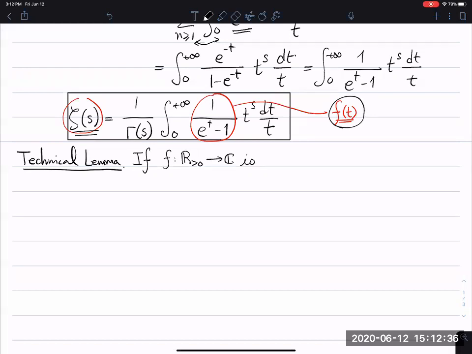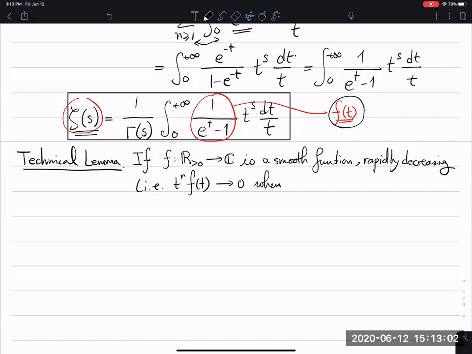If you have some function on the positive part of the real line and it's smooth, it's called rapidly decreasing, meaning that multiplied with any high power of t to the n, the function will also always go to 0 as t is large enough.